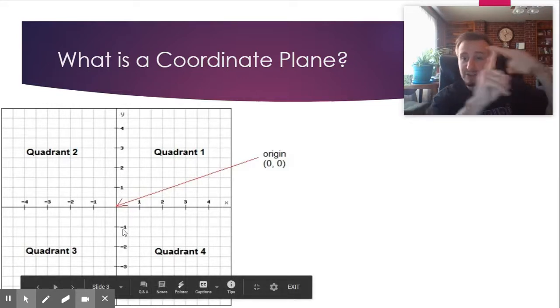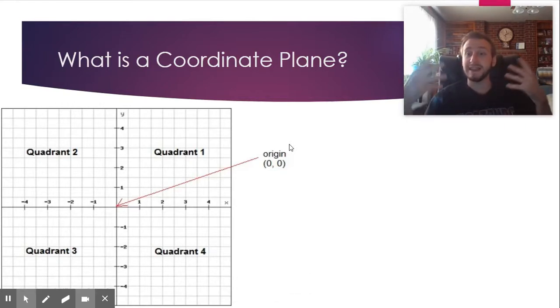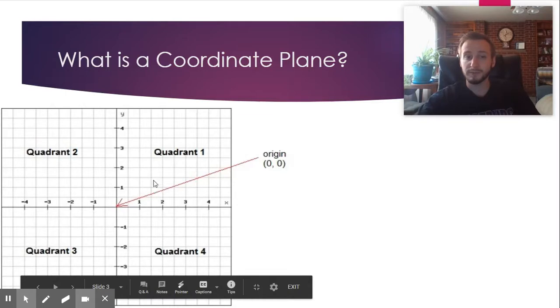They just intersect, so they crisscross one another, and that makes a coordinate plane. So some things I want you to look at. We classify the different regions, the different parts of a coordinate plane into quadrants. So quad means 4, quadrants is what each one of these little squares are called.